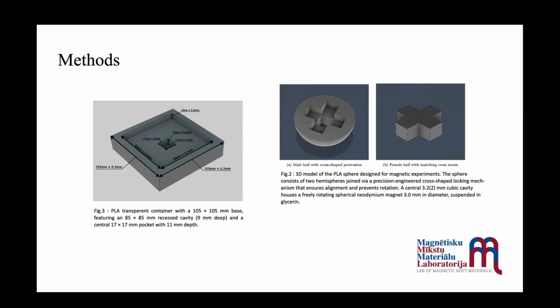And in order for the glycerin not to change its density during the experiment and therefore affect the results, on top of the container is placed a transparent polymer glass lid, ensuring that water from the air does not contaminate the glycerin.